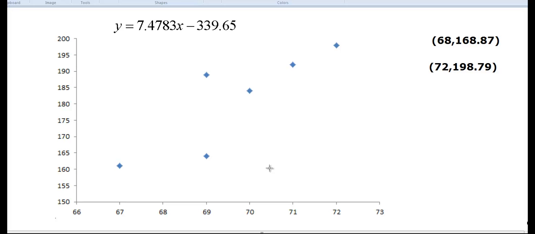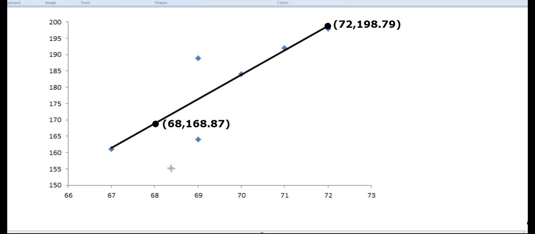So let's go ahead and do so. We just have to plot those points and then connect them by a ruler to get a graph of the line the way the question wanted us to sketch in the graph.